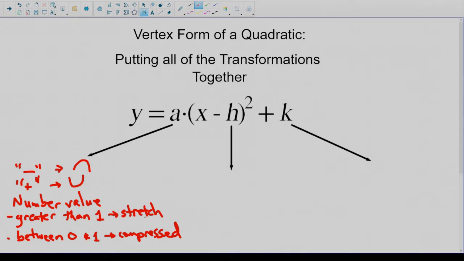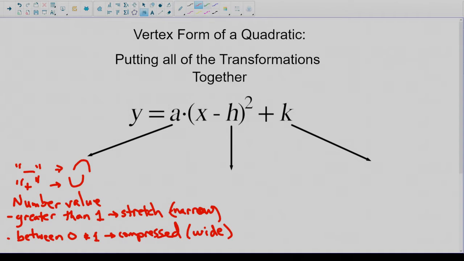These are vertical stretches and compressions. There are actually horizontal stretches and compressions, but we don't see that in grade 11. So when you stretch the parabola vertically, it becomes narrower, and when you compress the parabola vertically, it becomes wider.